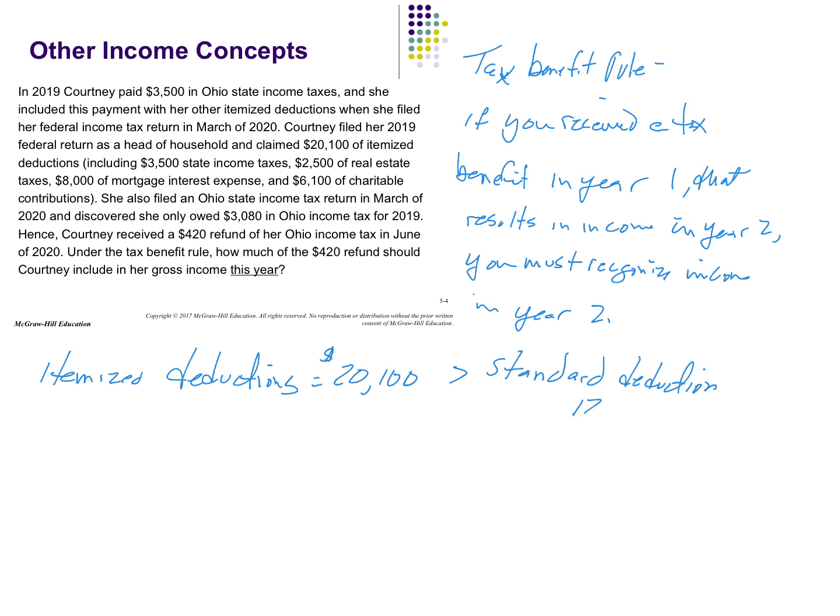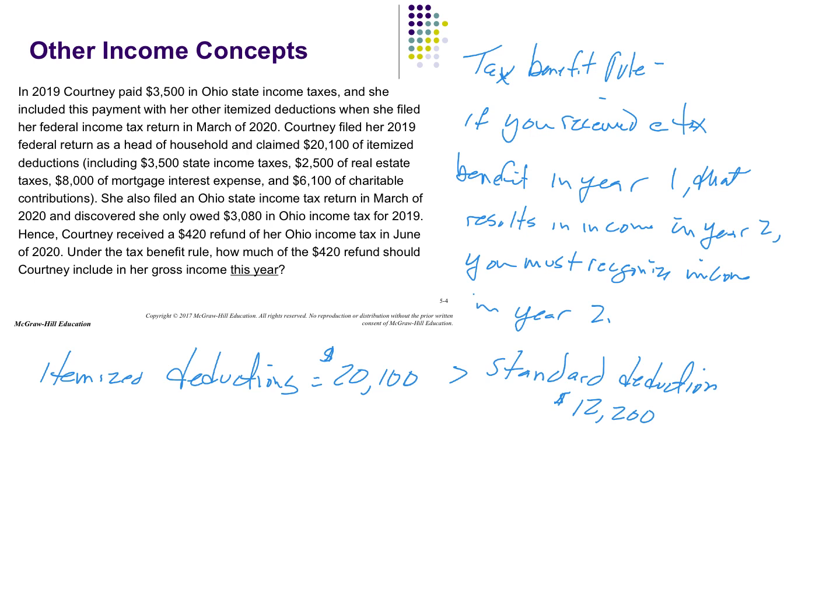The 2019 standard deduction was $12,200. All right, so we've already identified that she would have itemized on her federal return because her itemized deductions are larger than her standard deduction. Okay, so that's the first thing that we need to realize.